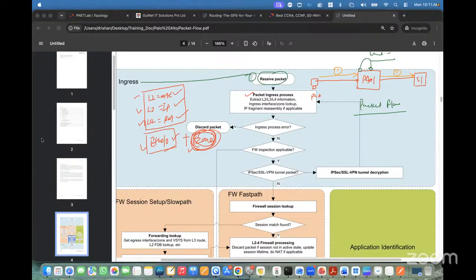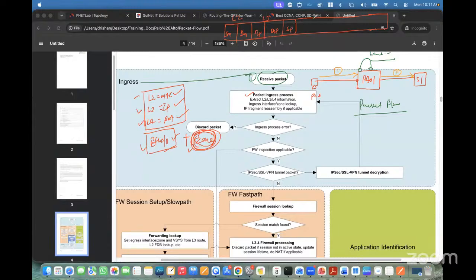Yeah, so in a packet, whenever we design a packet, it always combines multiple pieces of information. You have the source MAC and the destination MAC, that is layer 2, or we have the source IP address and the destination IP address, that is layer 3.